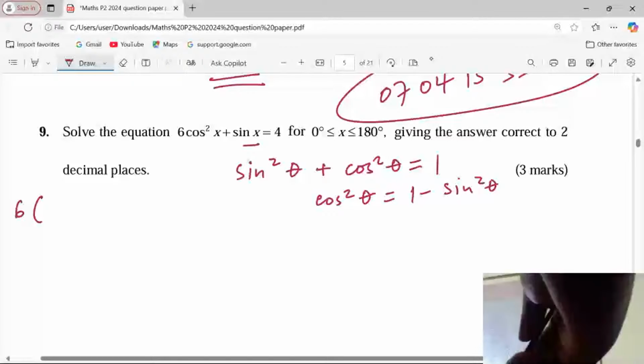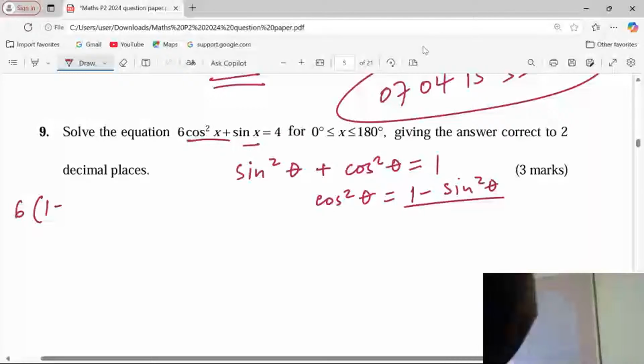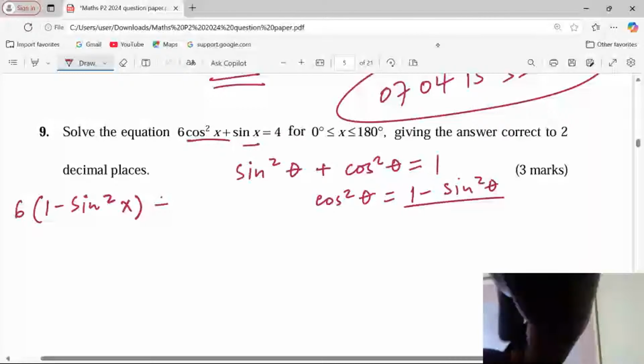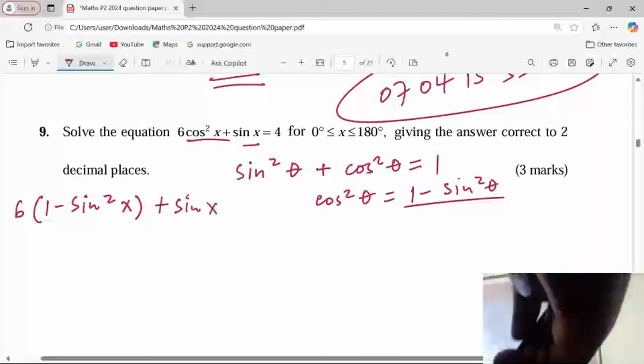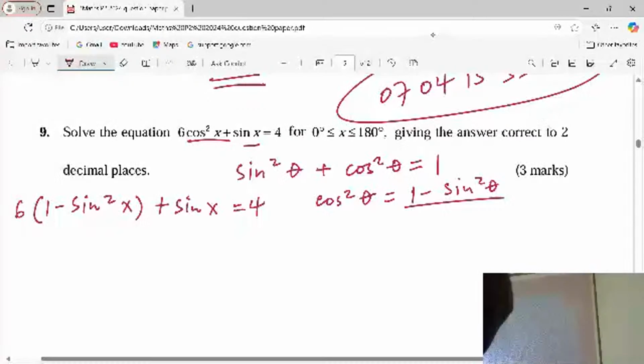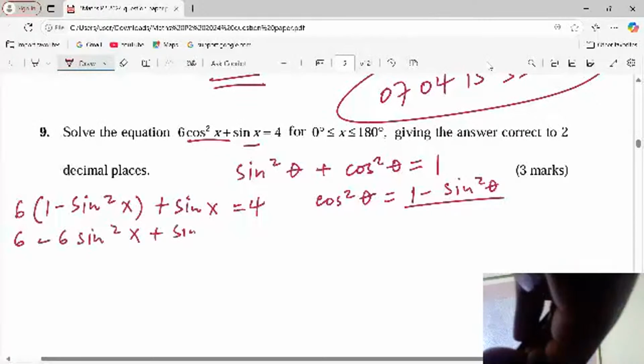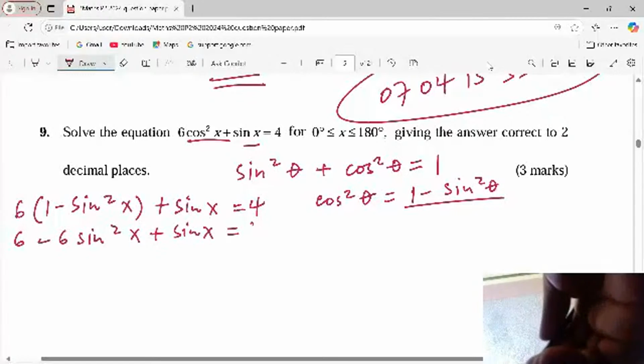We write 1 minus the sine squared of x, plus the sine of x, equivalent to 4.